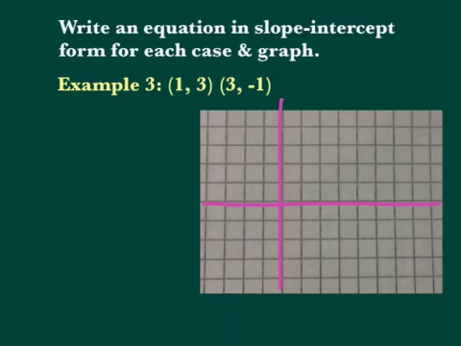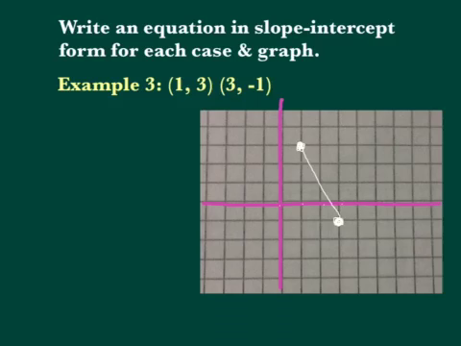So I'm going to first just graph these ordered pairs. 1, 3, okay, and 3, 1, 2, 3, negative 1. Okay, I'm going to be a little more precise with my graph this time, and connecting the dots.